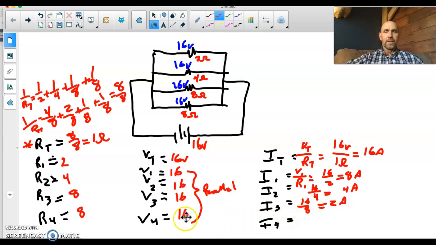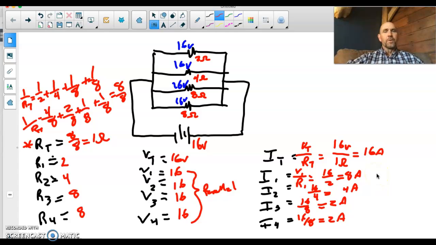And again, 16 divided by 8 is 2 amps. Okay? If you remember in your notes for total current, do your branch currents add up to equal 16? Does 2 plus 2 plus 4 plus 8 add up to equal 16? And it does. So we must have done it correctly.